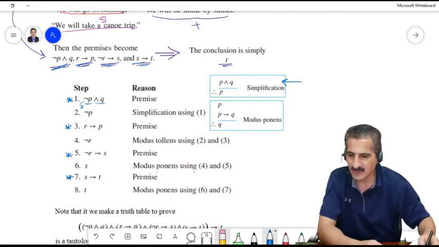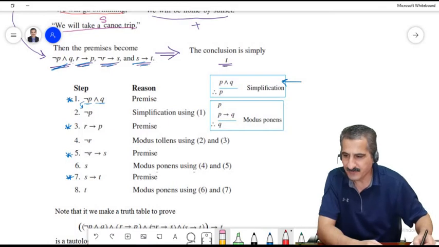Now what we do here, we will combine these two together.